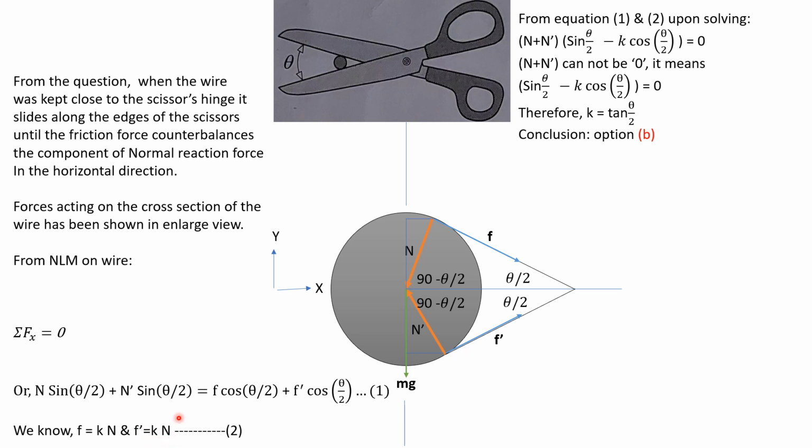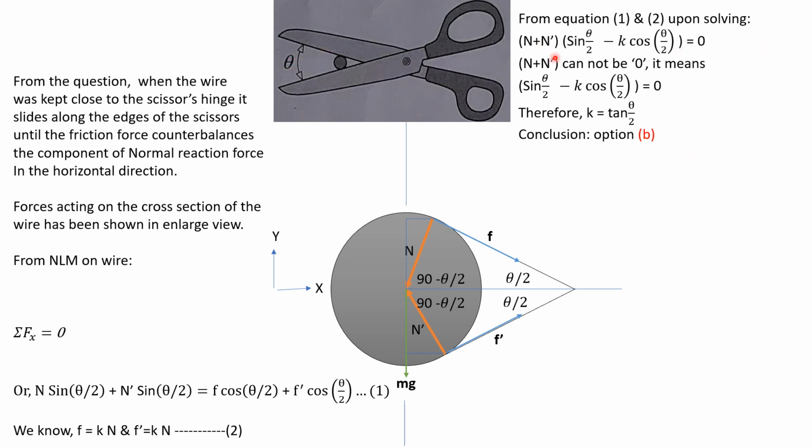By mistake, N dash is not written here, so you can correct it in your answer. From equations 1 and 2, we come to an expression like this: N plus N dash into sine theta by 2 minus k cos theta by 2 is equal to 0.